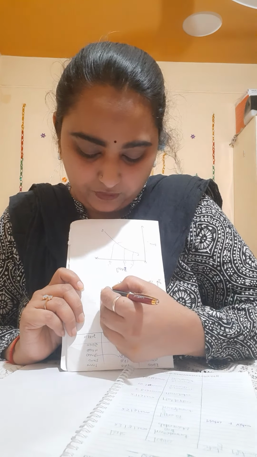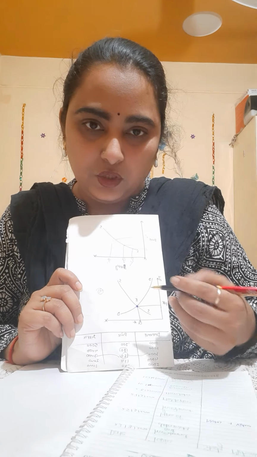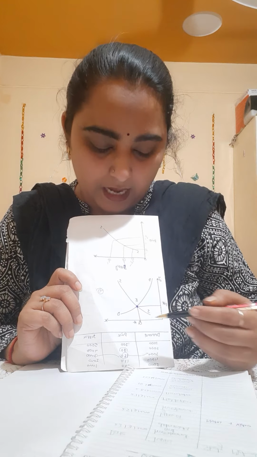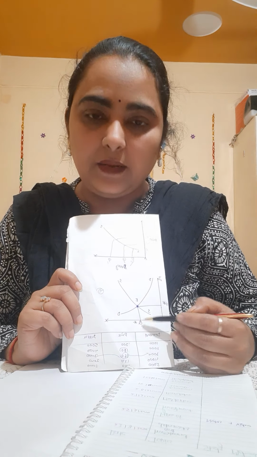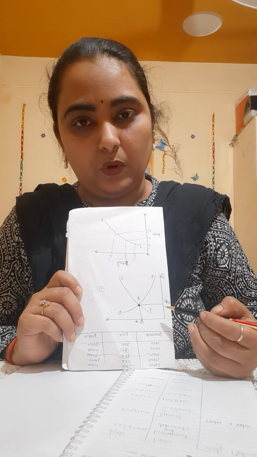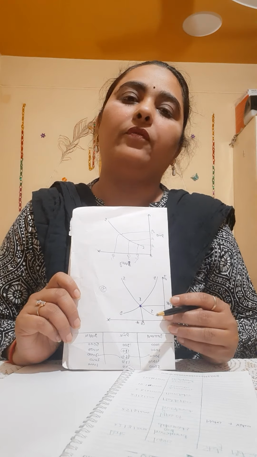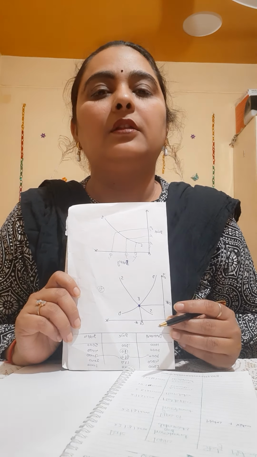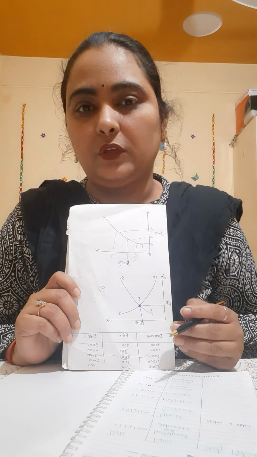So if the commodity is X, the price of commodity X is P star, where demand and supply are equal. So with the help of demand and supply, we can determine the price of the commodity.